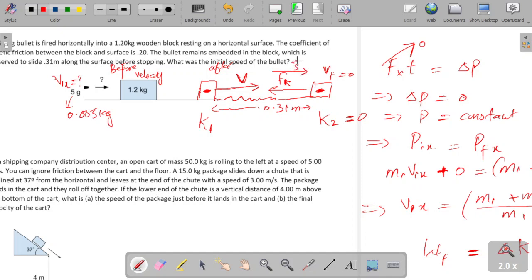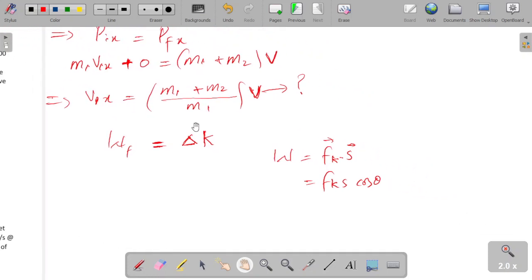Okay, s was in the forward direction, so the angle becomes 180 degrees. The two vectors become anti-parallel. It means that cos 180 degrees is minus 1, so it will be Fk s. This will be the work done against friction, Wf. So the work done will be equal to minus Fk s.